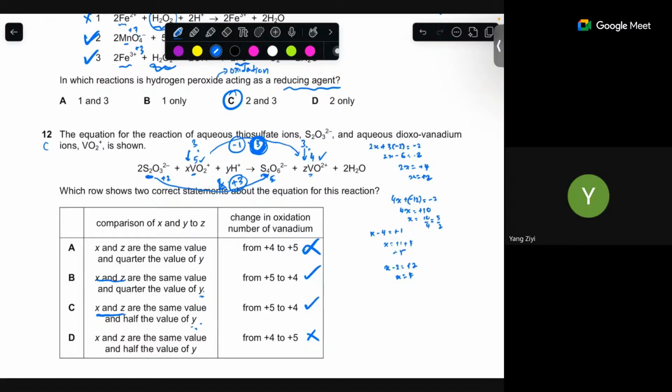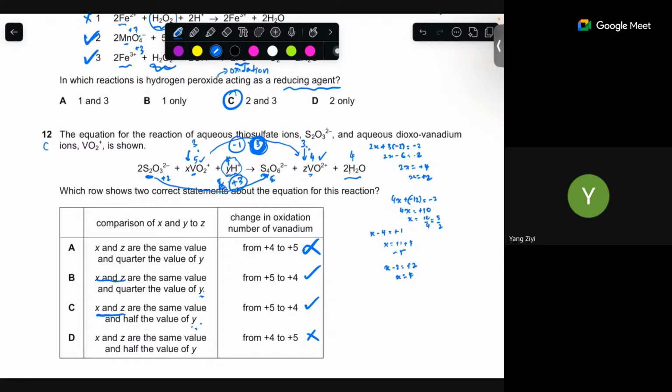The value of Y, let's check Y. Here, hydrogen is going to be 2H, that is 4. So this value must be 4 over here.